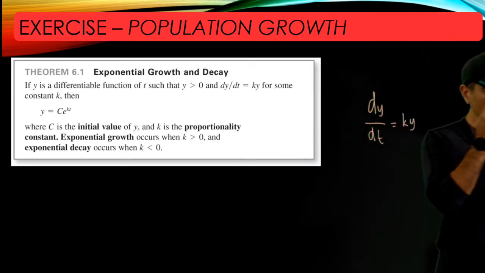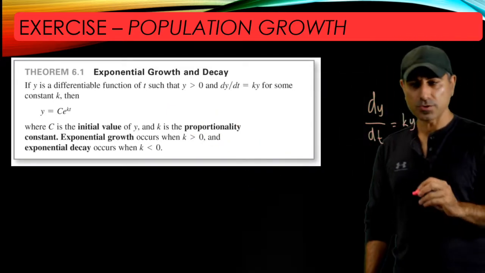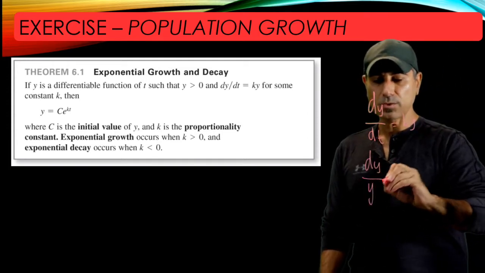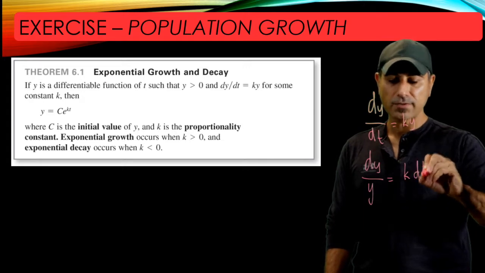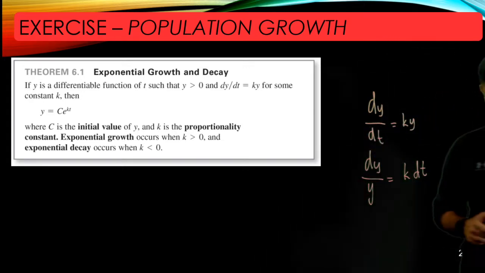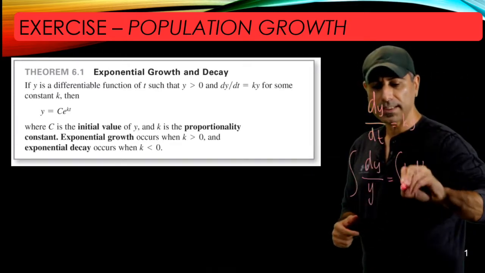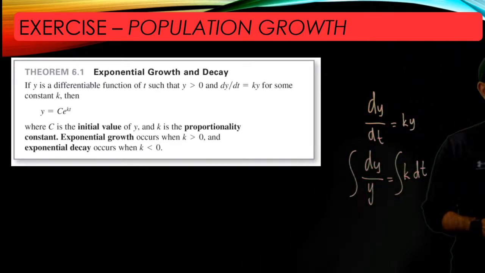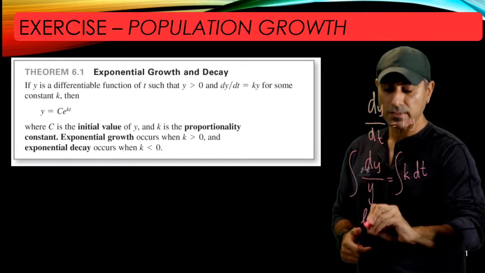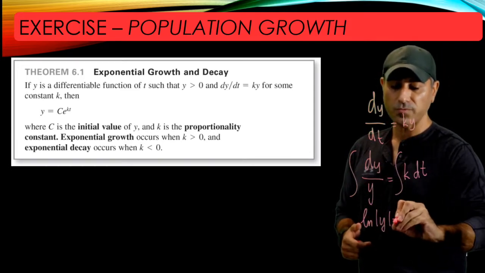So separation of variables says that you collect all the y terms on one side of the equation and all others on the other side of the equation. This way we can integrate both sides simultaneously. And here we go. dy over y is integrated as ln of absolute value of y.